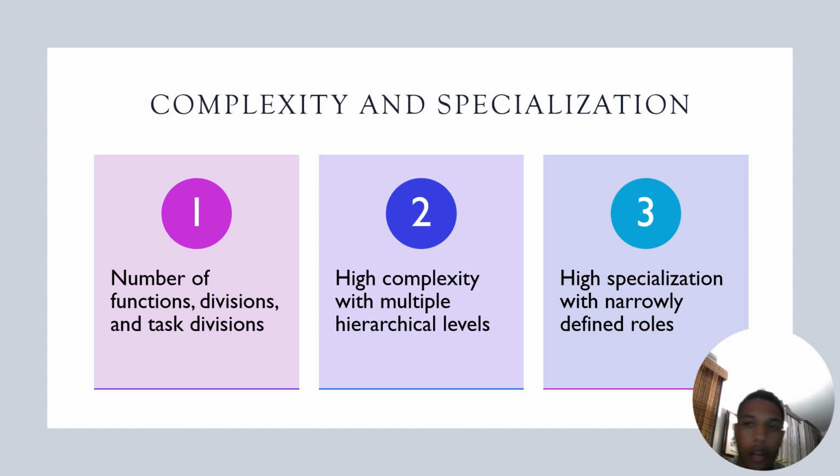Specialization refers to the degree to which tasks are divided into separate roles and functions. If you specialize in accounting, you're going to be an accountant. If you specialize in supply chain management, you're going to manage where supplies are going and where they're coming from, and how you're taking inventory and things of that nature. High specialization means that individuals or units perform narrowly defined tasks, while low specialization involves broader, more varied responsibilities.